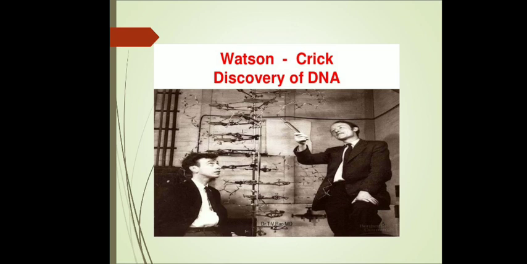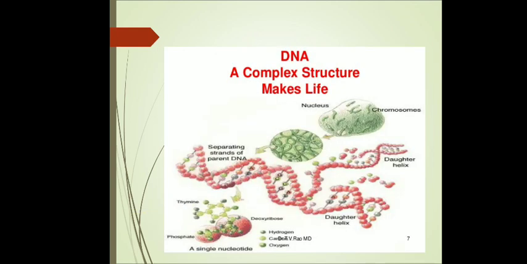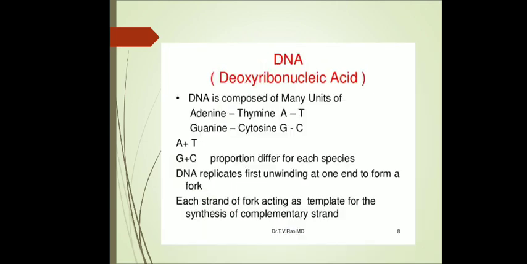We have already seen that Watson and Crick, for the first time, studied the structure of DNA in the year 1857, and they found that the complex structure of DNA is a double helix, which includes different types of base pairing.